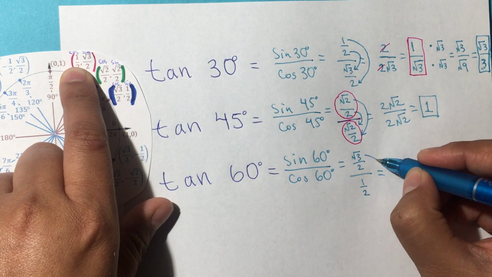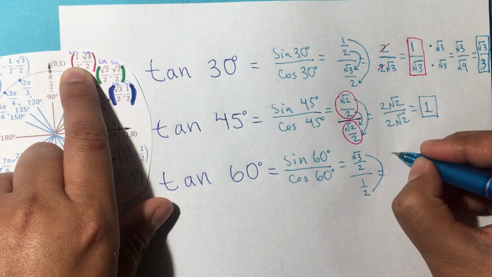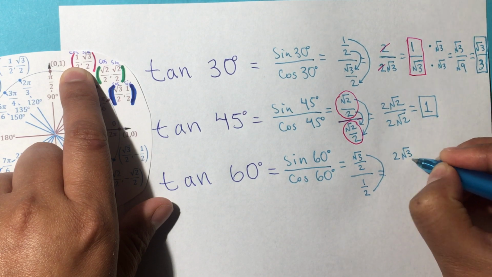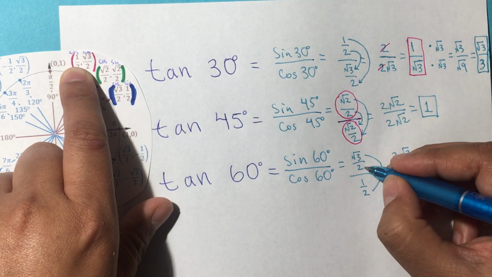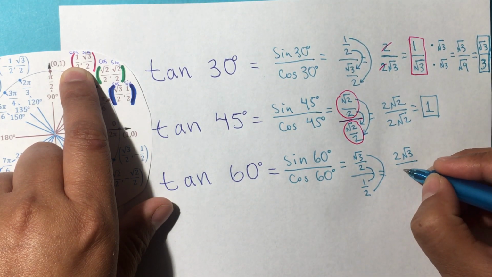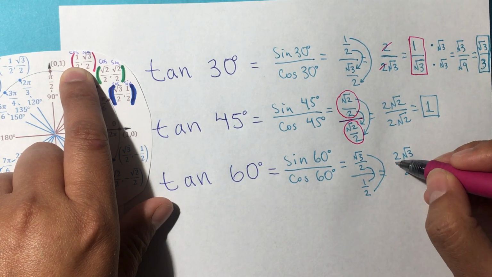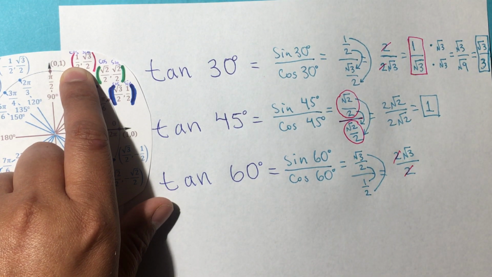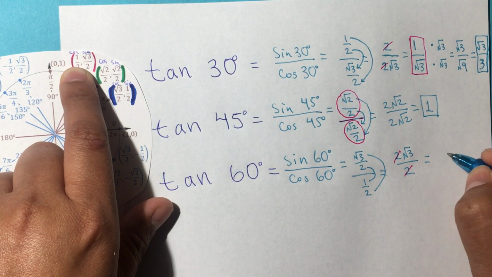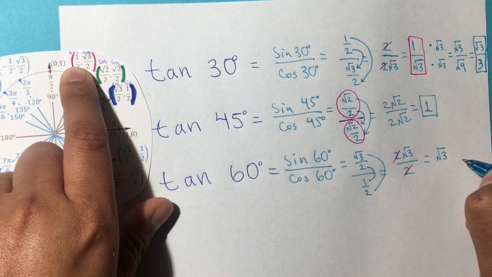The outer values give 2 times square root of 3. The inner values, 2 times 1 is 2. These cancel because 2 divided by 2 is 1, and 1 times square root of 3 is just square root of 3.